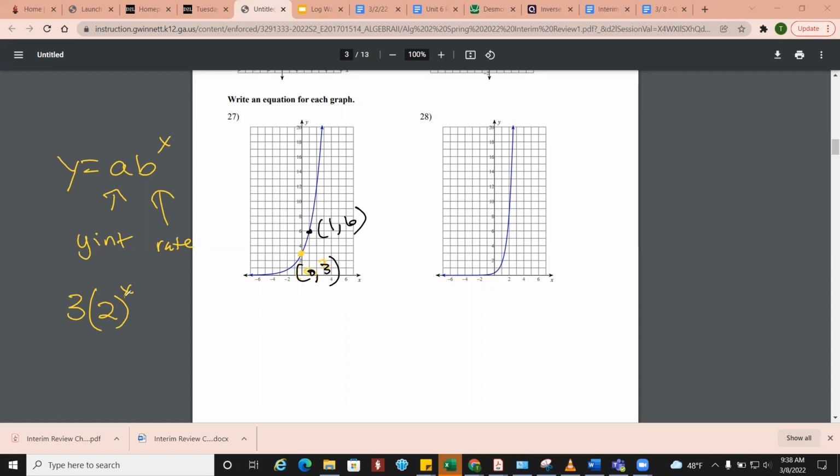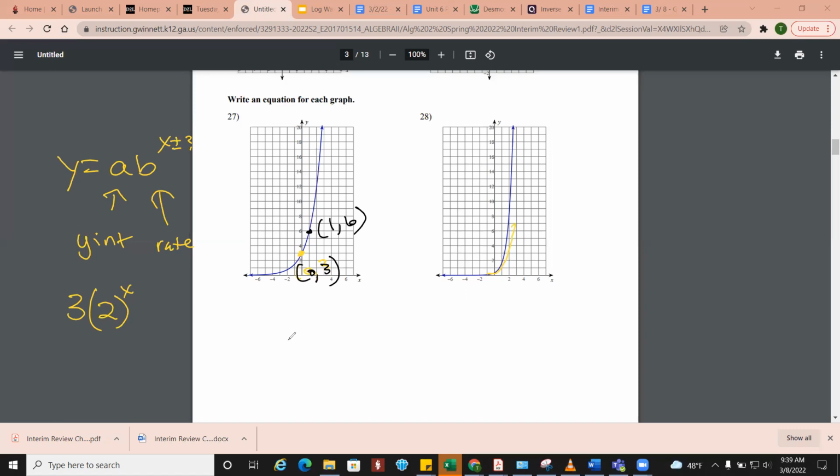Okay. On 28, you're going to notice that it shifted to the right a little bit. So when you're writing out your equation, there might be some number added or subtracted up here. For this one, we notice how it moved to the right.